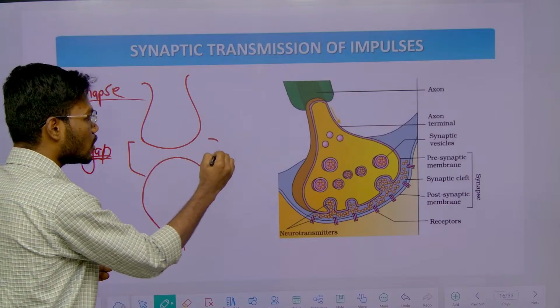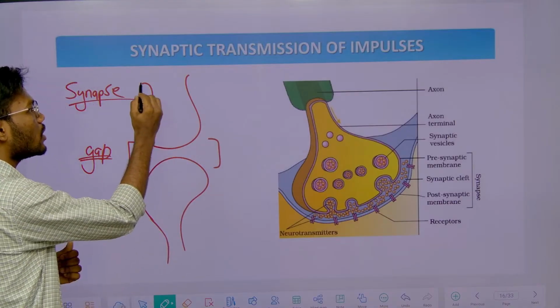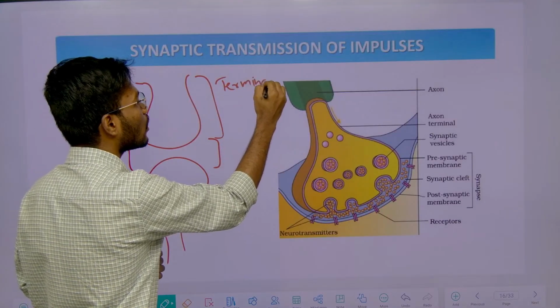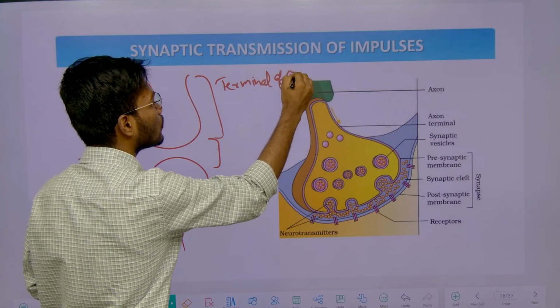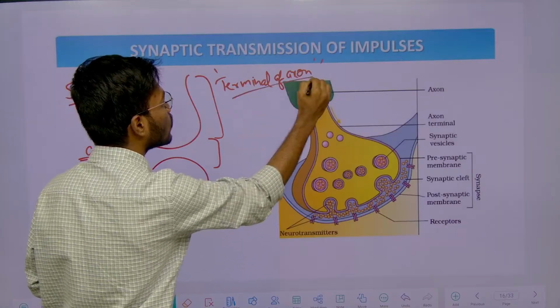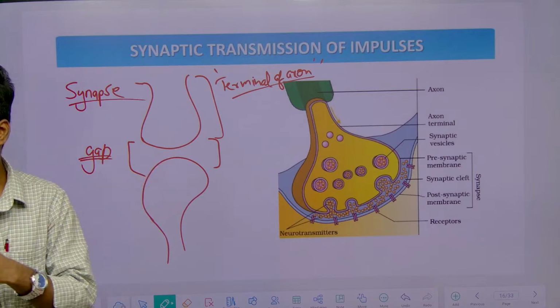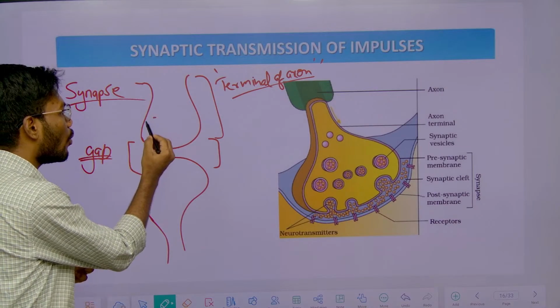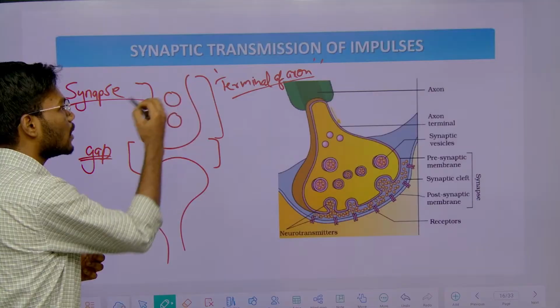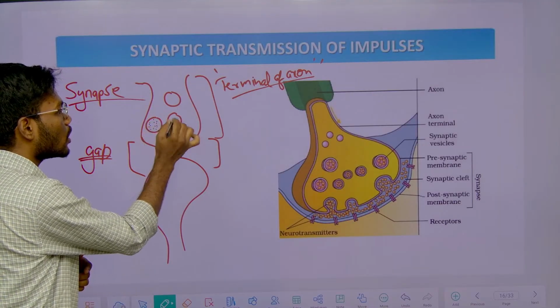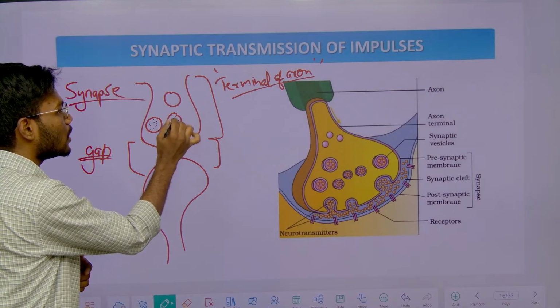So if you see, this is the terminal part of the axon. We already know these are called synaptic knobs. In these synaptic knobs there are some vesicles which are having some proteins, also called neurotransmitters.